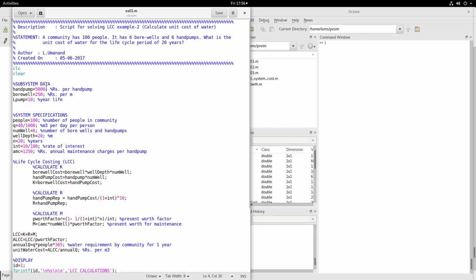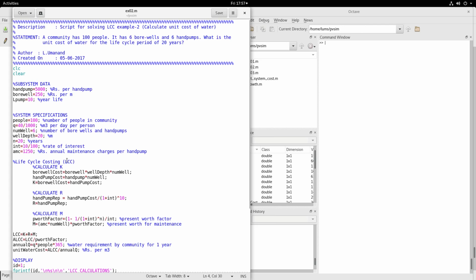Like before, I have classified into subsystem data: hand pump cost, borewell cost, life of the hand pump, then system specifications, number of people, quantity of water required per person, 40 liters per day or 40 by 1000 meter cube per day per person, number of wells, 6 wells, well depth, number of years for life cycle costing, interest, AMC, the annual maintenance charges, rupees 1250 per hand pump.